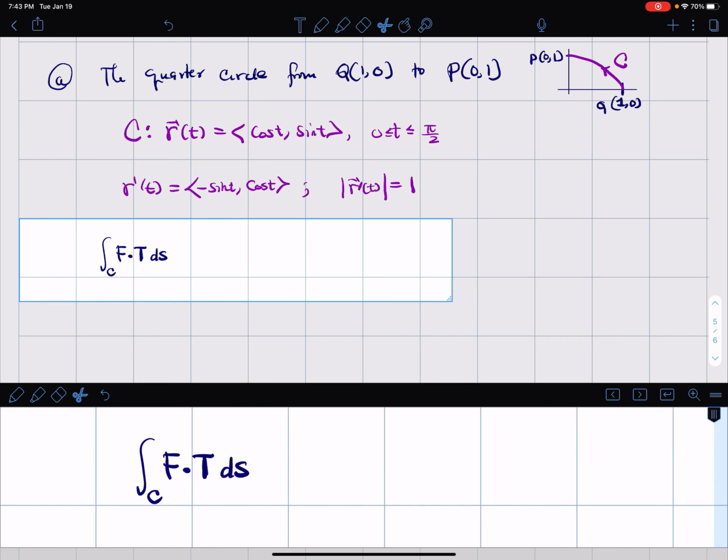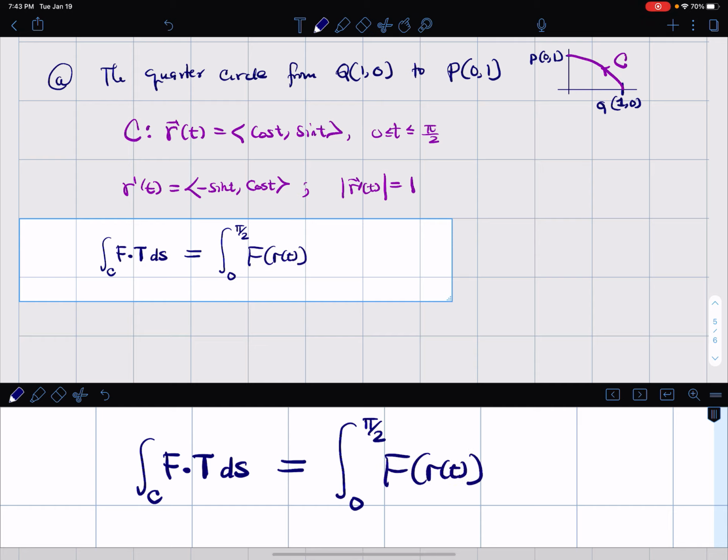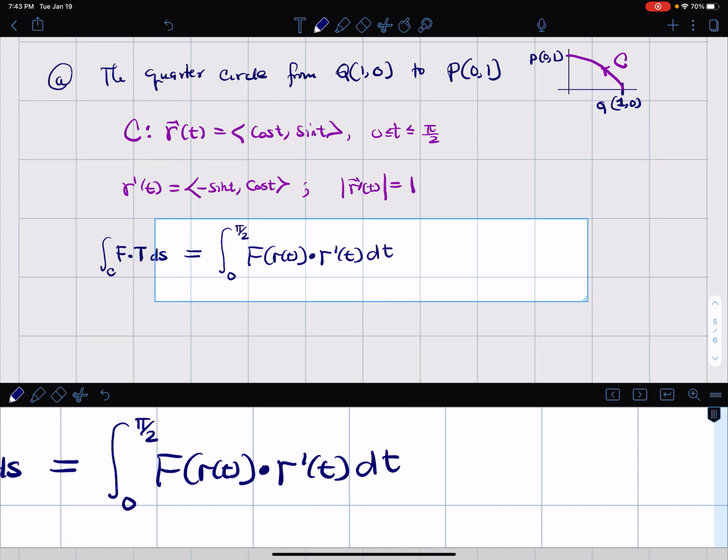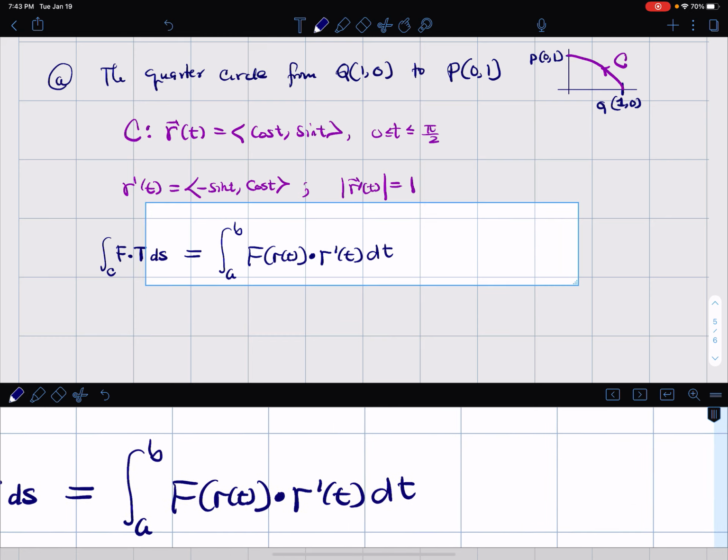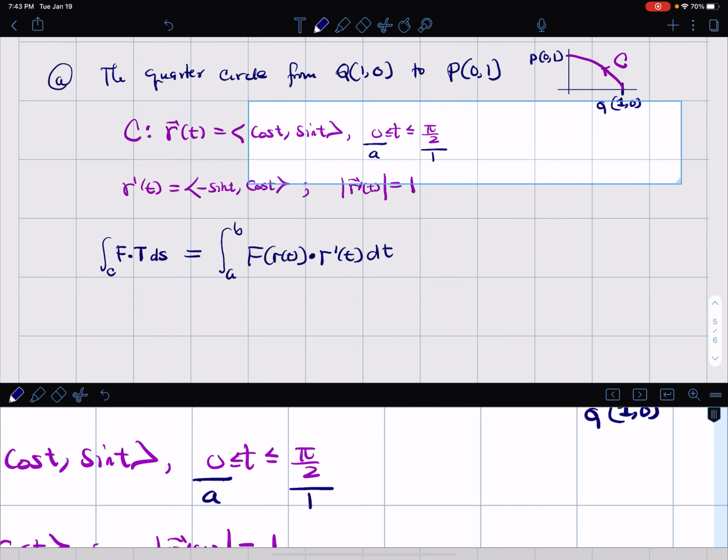We already know that this is going to be the integral from a to b, where a in this case is 0 and b is pi over 2, of f of r of t dot r prime of t dt. This is our a and this is our b.